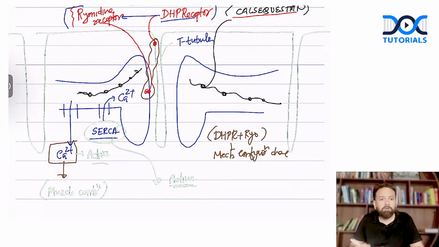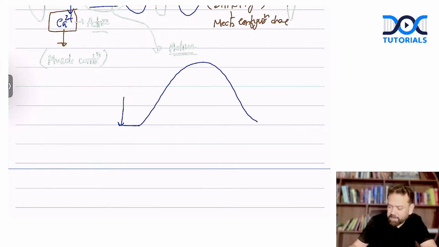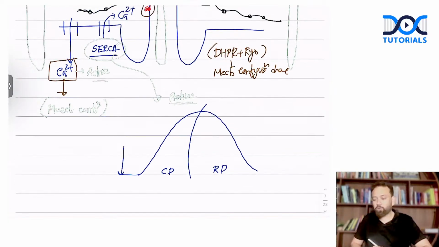DHPR and ryanodine receptor will talk physically so that calcium will be released, and this calcium will cause muscle contraction. After the contraction is over, calcium will go back inside, causing relaxation. So this is how point of stimulus, latent phase, contraction and relaxation occur. This is called the contraction phase, and this is called the relaxation phase.